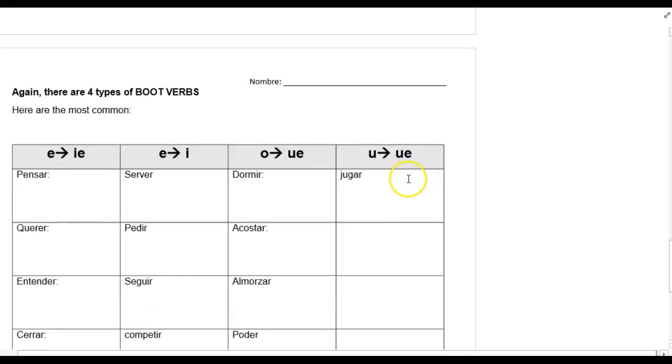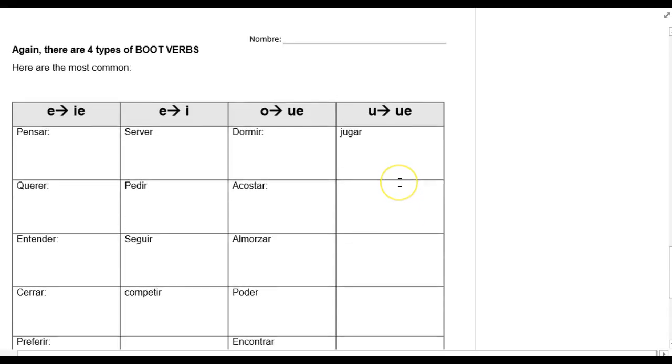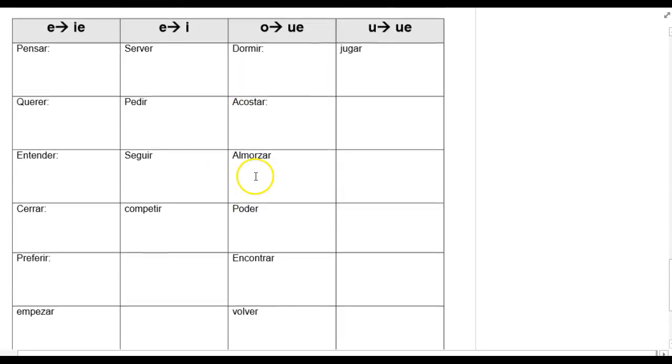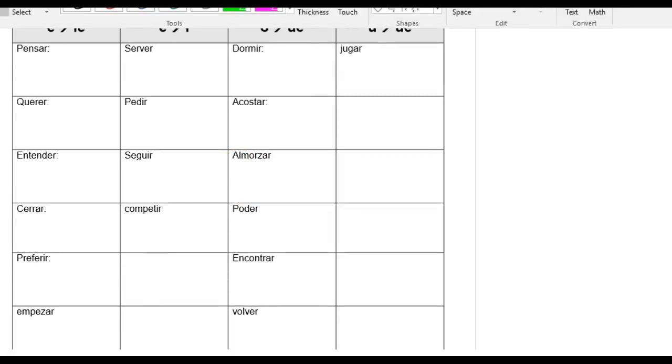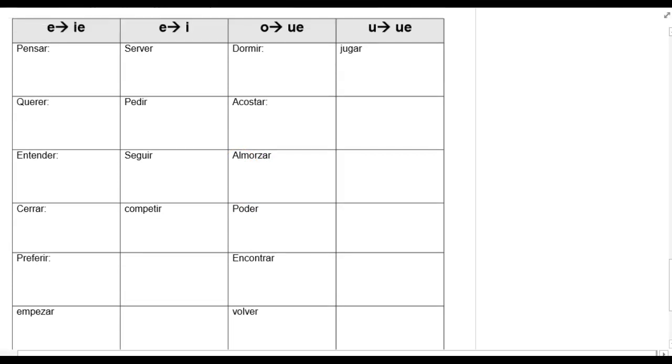Okay? Now, the following page has the most common boot verbs that we're going to use in my class. So I will go through with you so that you can write in the definition, because that's basically what we did in class. We just define what these words mean. That way you can always have a list of these verbs in case you don't know what the stem would be.